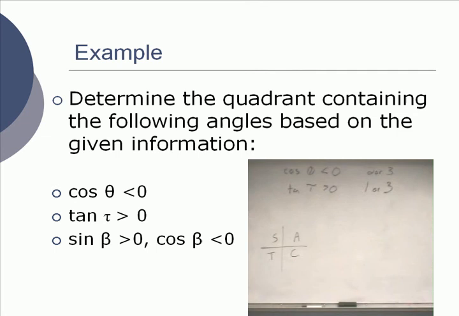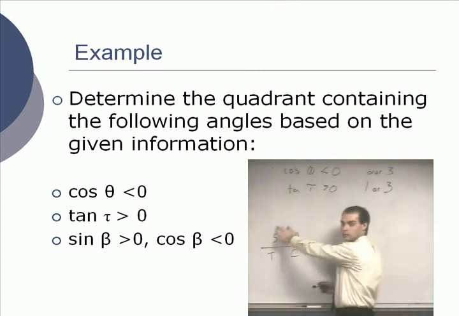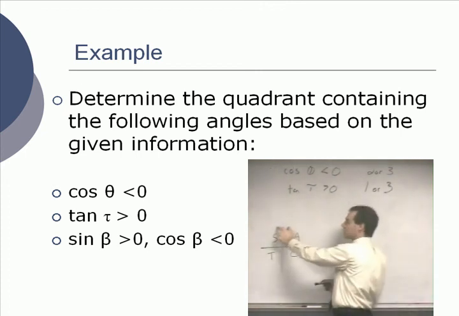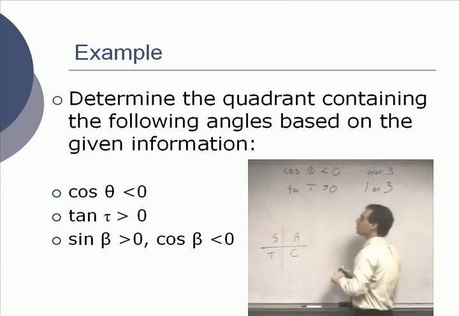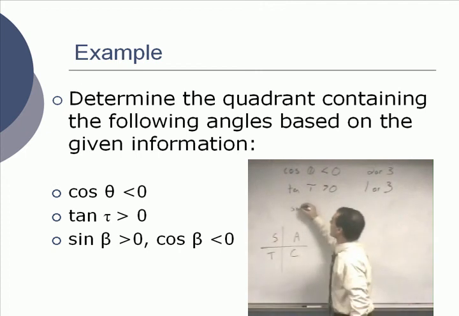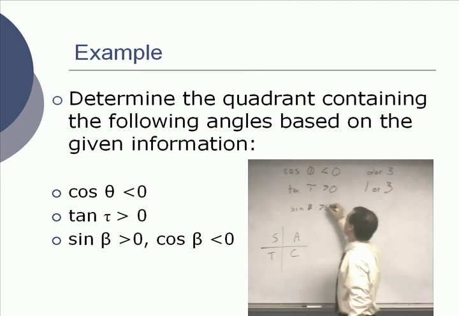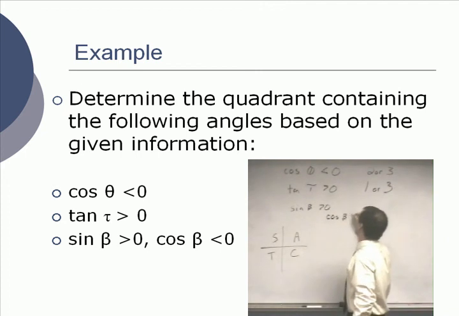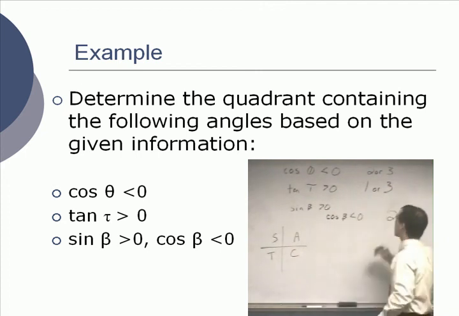Where are you if your sine is positive, but the cosine is negative? Sine is positive, which means you're in one of these two, but cosine is negative, so then you have to be in 2. That's right. Got to be in quadrant 2.